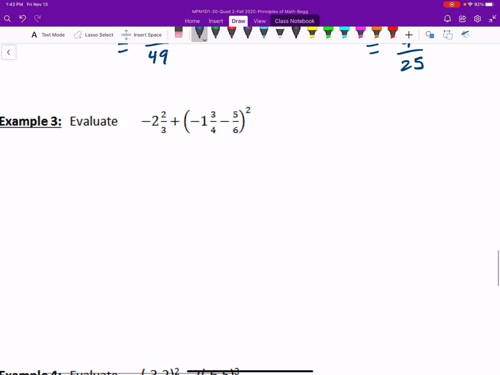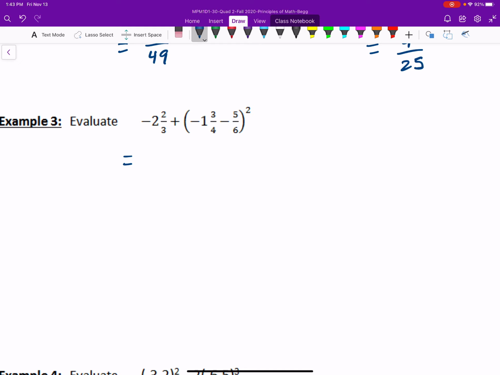Here we have fractions, rational numbers combined with exponents, order of operations. Looks messy, but if we take it step by step and are very careful, it doesn't have to be a hard question. So sometimes when we have long questions, I'll do multiple steps in each line if they're not related to each other, if they're separated.